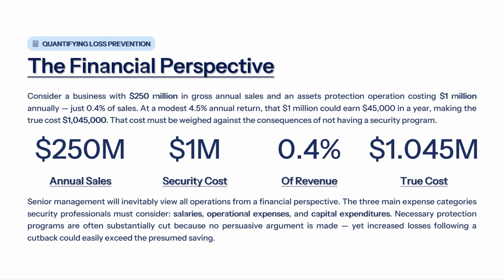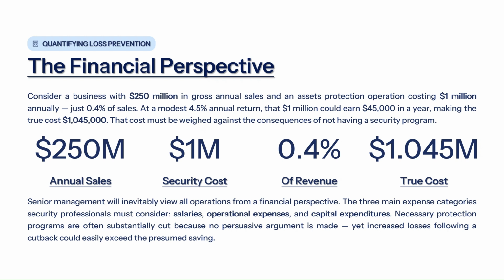From a financial perspective, security must be viewed in the context of overall business performance. When an organization generates hundreds of millions in revenue, even a small percentage of loss can translate into significant dollars. Likewise, the cost of a security program must be weighed against the potential impact of not having one.